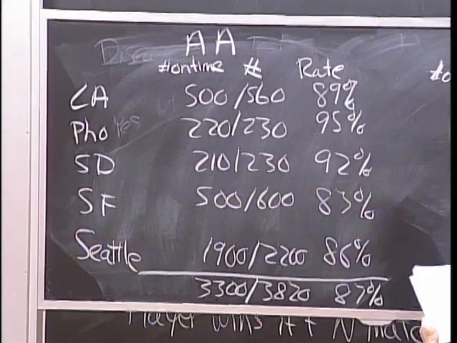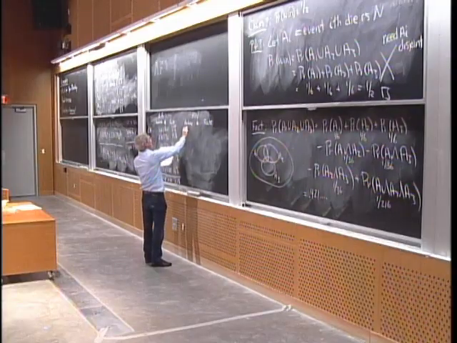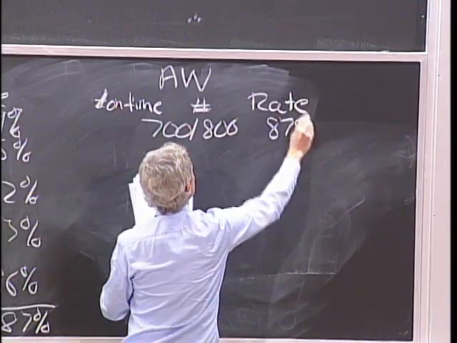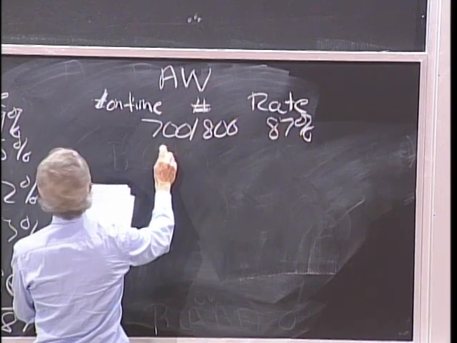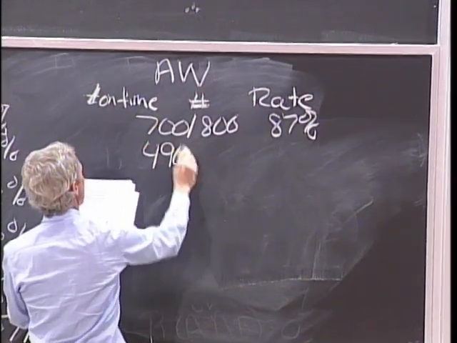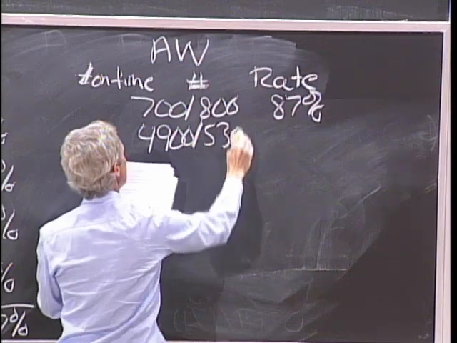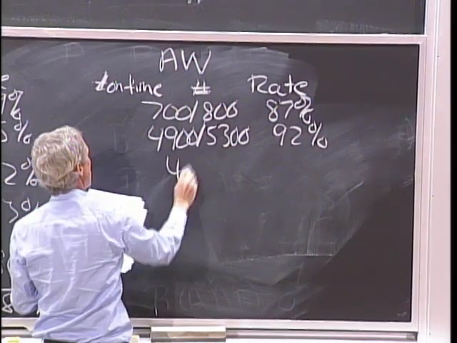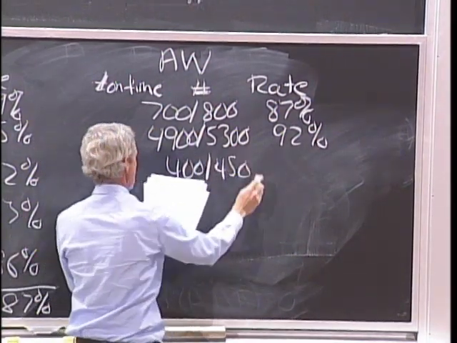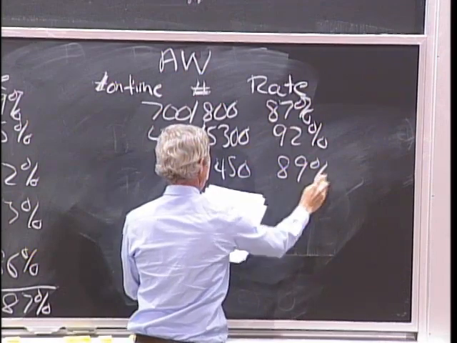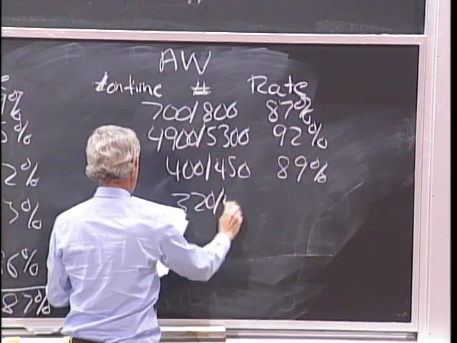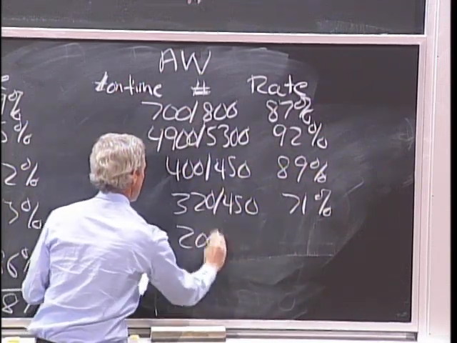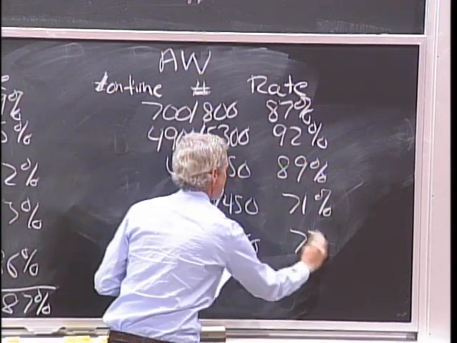Now the data for America West looks something like the following. In LA, it's 700 out of 800 for 87%. They're based in Phoenix. They got a zillion flights there, 4,900 out of 5,300 for 92%. And 400 or 450 for 89%. 320 for 450, 71%. 200 over 260 for 77%.